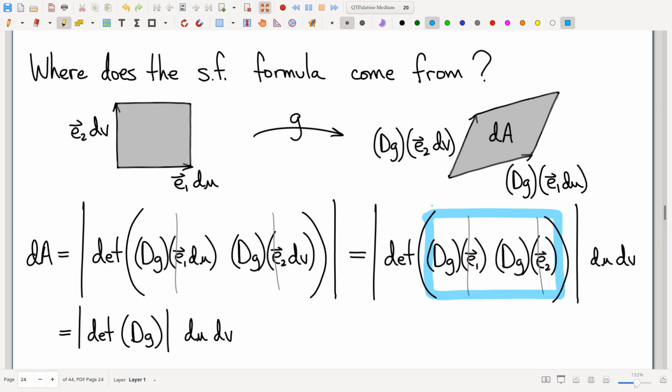That's plug and chug, and this is something you can do yourselves. I encourage you to take the minute or so that it'll take. If you just write down explicitly what dg is, then explicitly multiply by E1 and E2, then explicitly make these columns as indicated, what you will find is that the result is exactly dg. Happy little conclusion, as it turns out. And so we win. Everybody good?